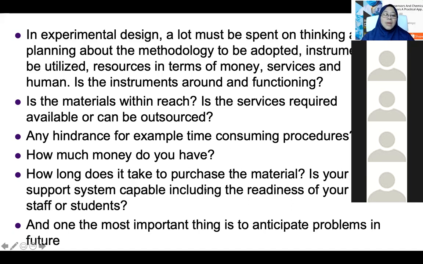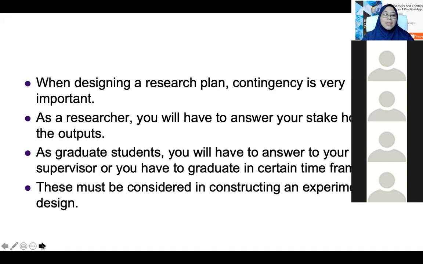So how long does it take? One of the most important things is to anticipate, because all these are anticipating as well. The keyword just now is contingency. You need to have plan A, plan B, plan C while designing the experiment.